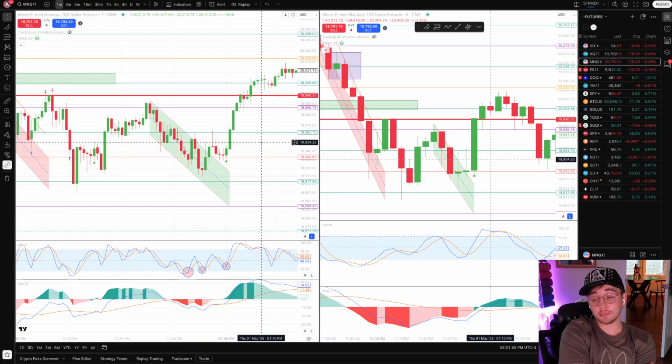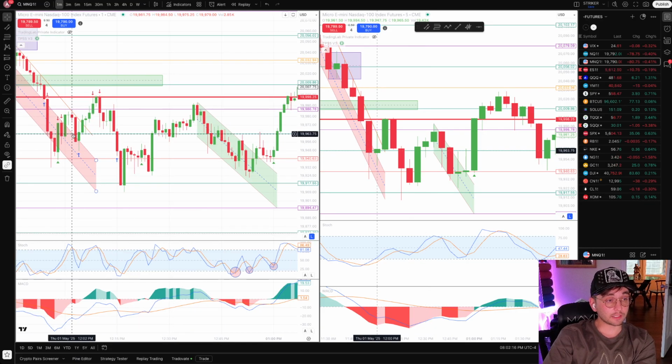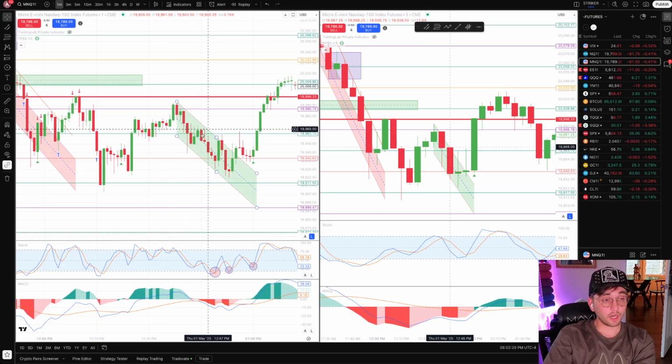If a 15-minute line was holding as support for so long, then how I like to see it is supports turn into resistances. If that 15-minute gets broken, I'm going to be targeting the short side.